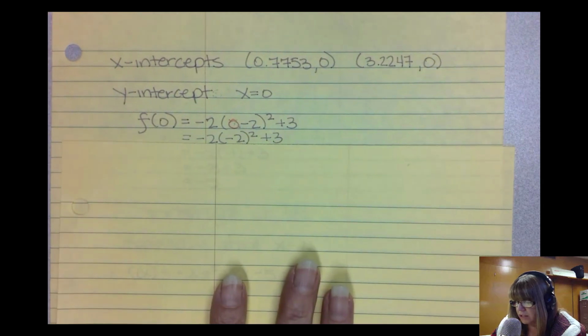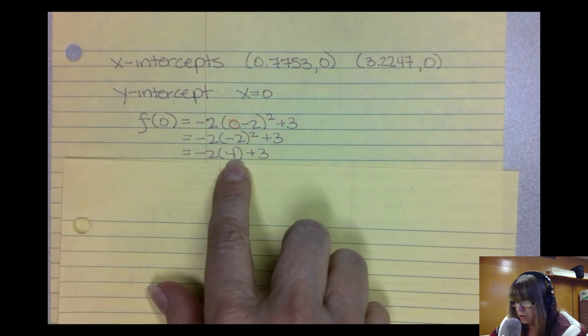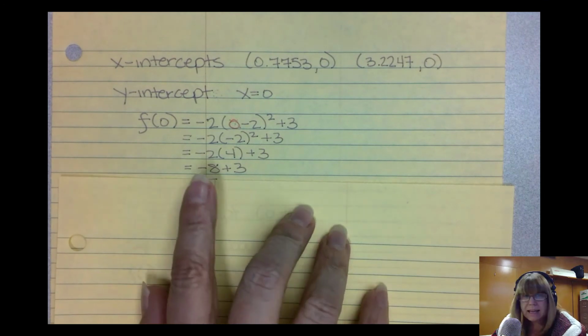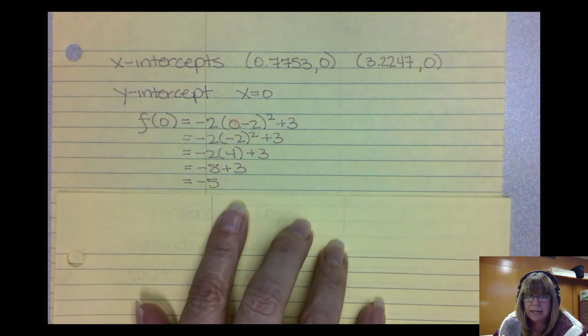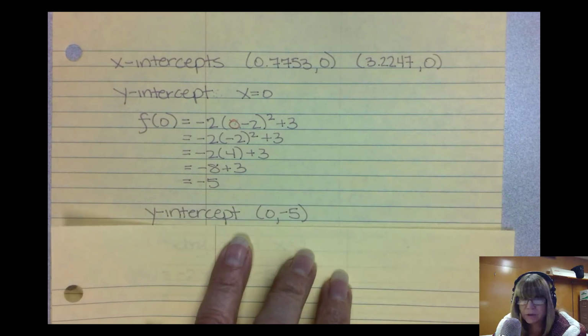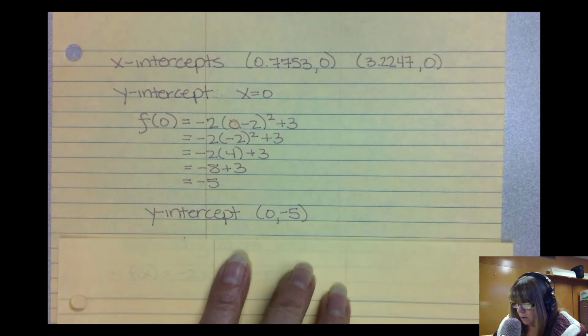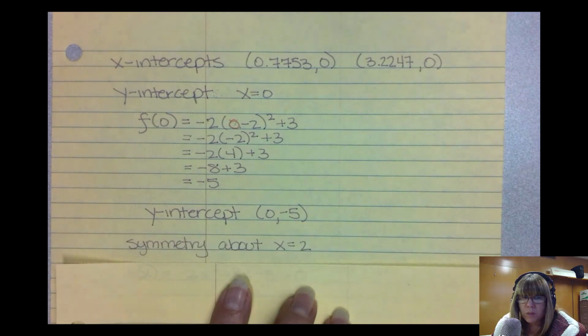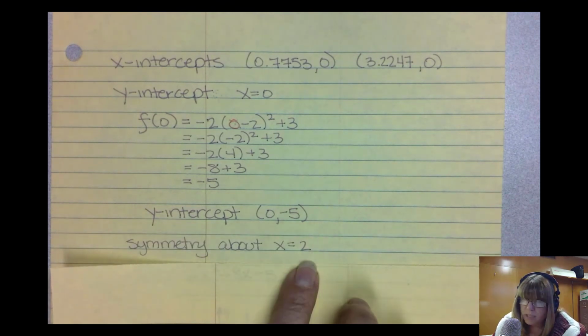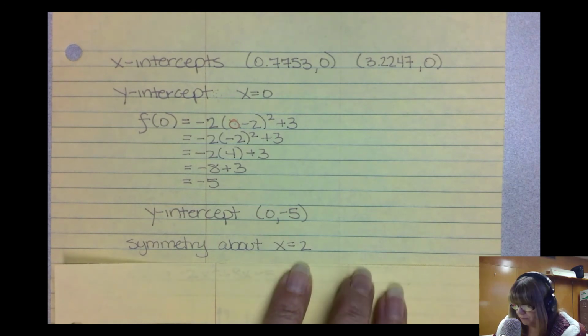Negative 2 squared is 4. Negative 2 times 4 is negative 8. And negative 8 plus 3 is negative 5. So my y-intercept is at 0, negative 5. Okay. Now, my line of symmetry is when x equals 2. Why 2? Because that's my h value.